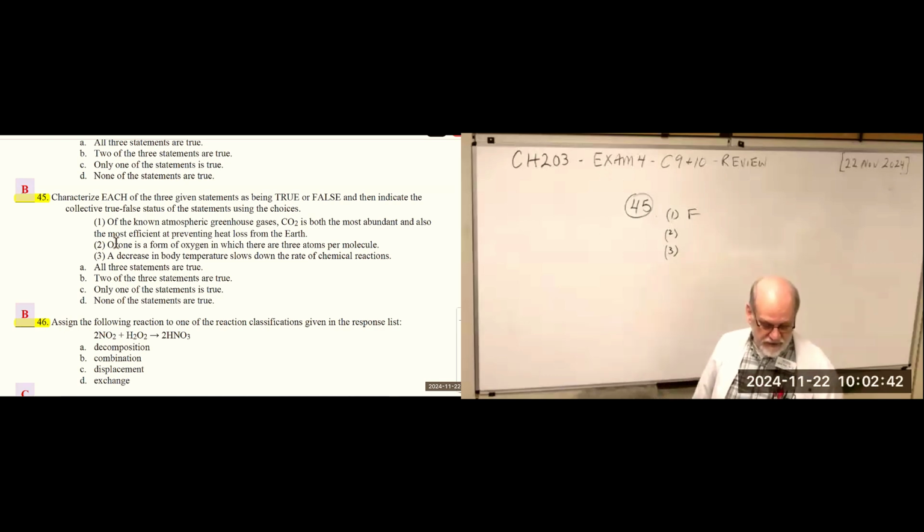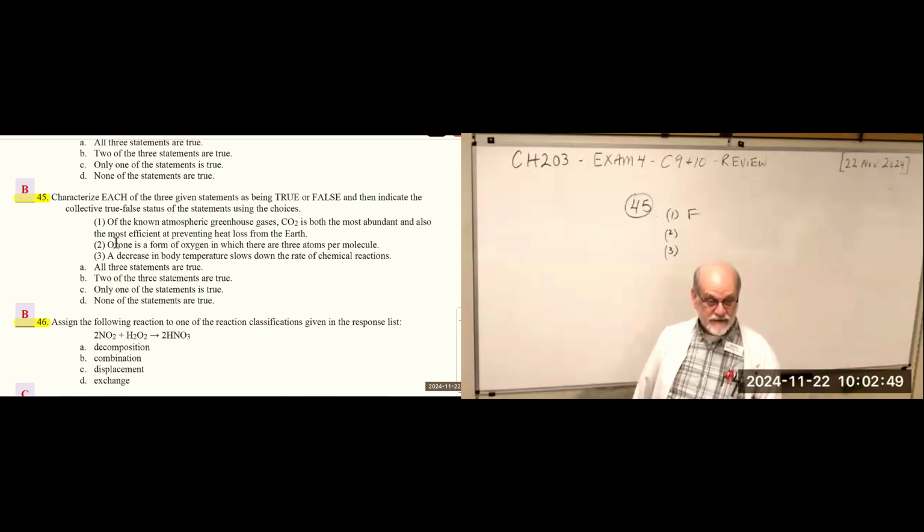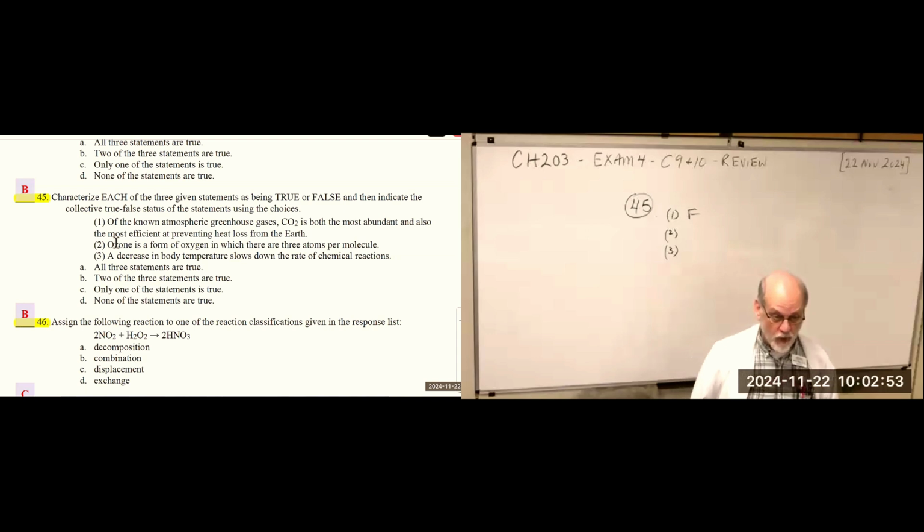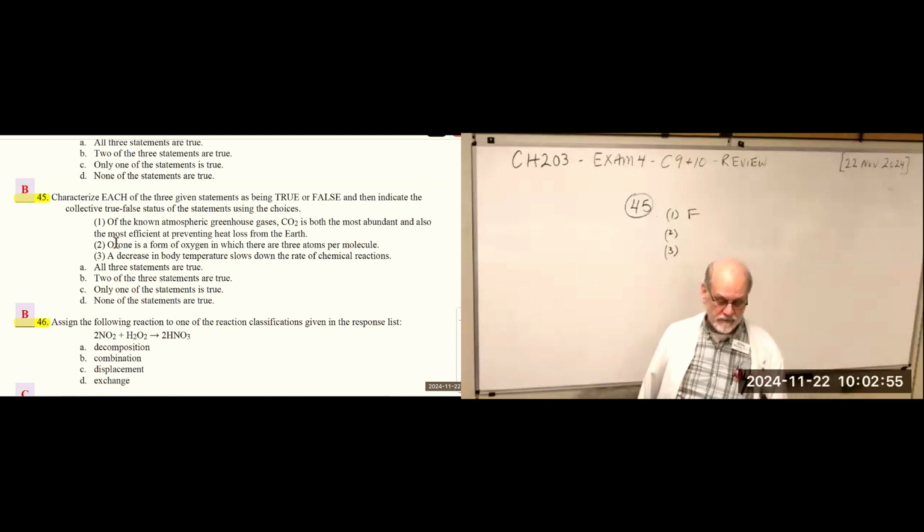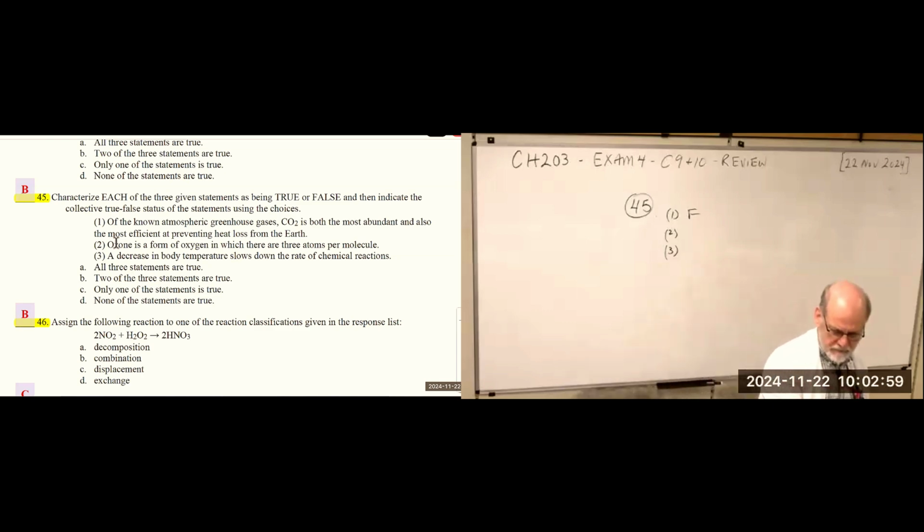Which one is more abundant than CO2? Water vapor. It's less efficient, but there's orders of magnitude more water vapor in the atmosphere than there is CO2. So CO2 as the culprit for global warming is a pipe dream.